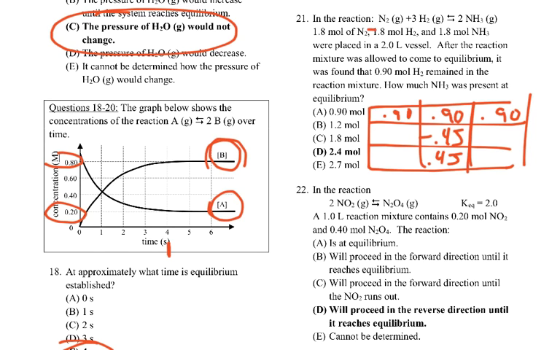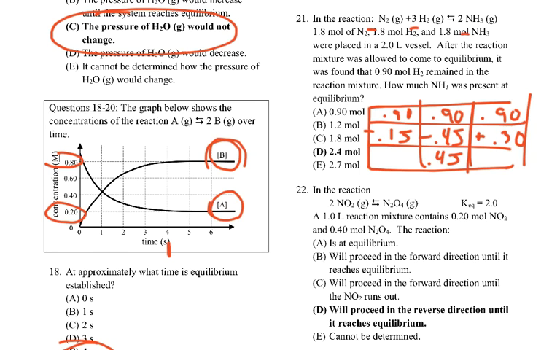Now, this is going to be a 1 to 3 to 2 ratio. So 3 is to 2 as 0.45 is to 0.30. And over here, my nitrogen, 0.45 is to 0.15.